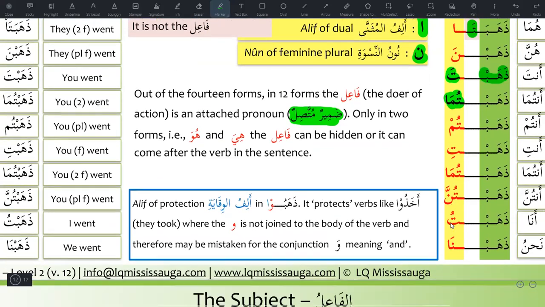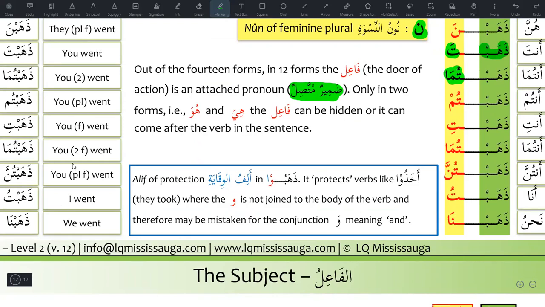Okay. So why do we put alif al-wiqaya, alif of protection, in zahabu? It protects verbs like akhazu, they took, where the waw is not joined to the body of the verb, and therefore may be mistaken for the conjunction waw meaning and.